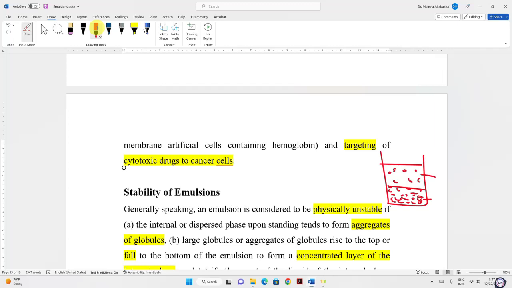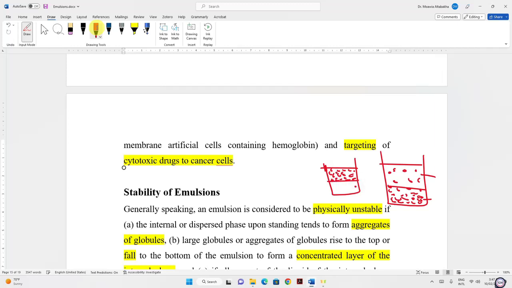It doesn't look nice, but still there is a problem. Another problem happens if the globules, let's say the internal phase is oil, and suddenly you start to see these globules, because they are oils and they are light, going up.